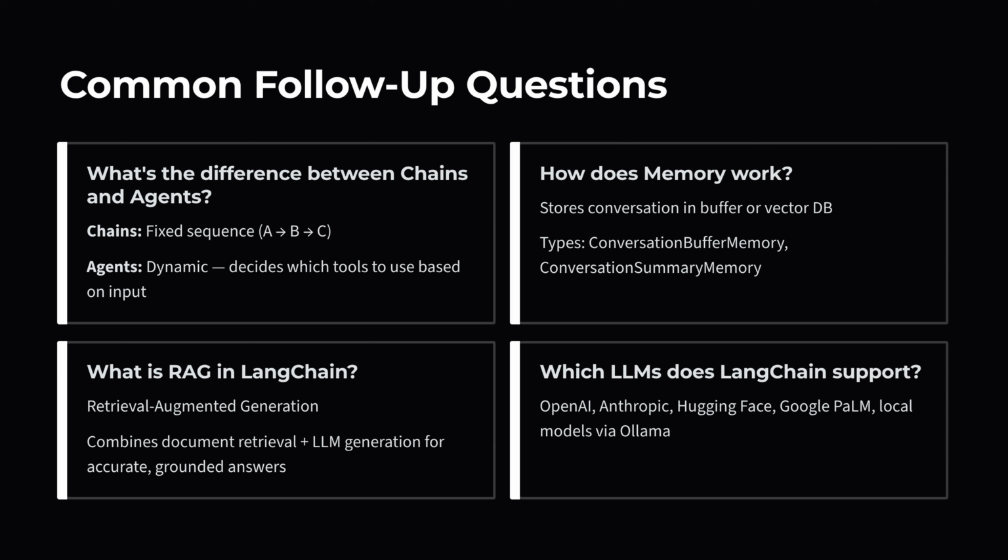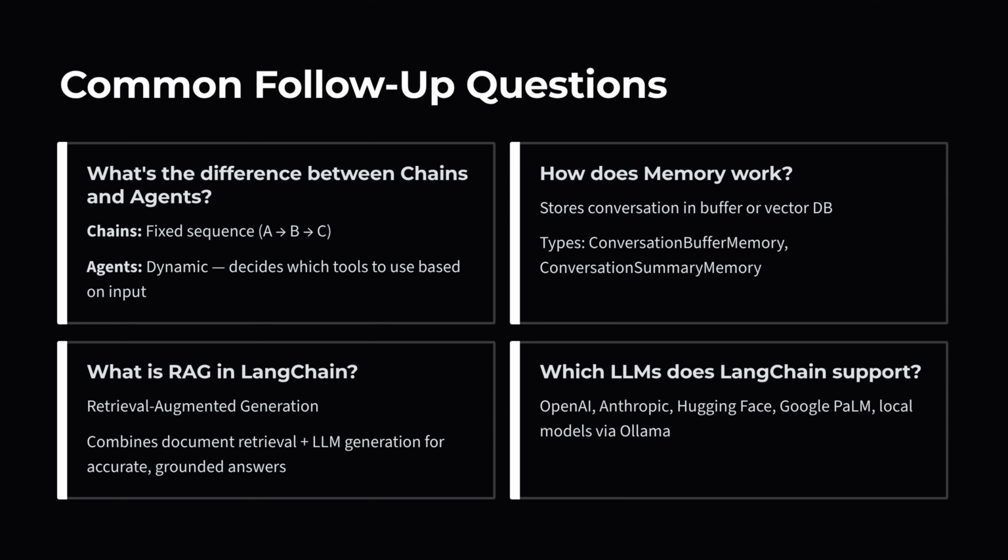Common follow-up questions. A lot of interviewers check whether you truly understand the subtle differences. Chains follow a fixed, predictable path, like A to B to C, while agents stay flexible and choose tools dynamically, more like a researcher deciding the next move based on new evidence.